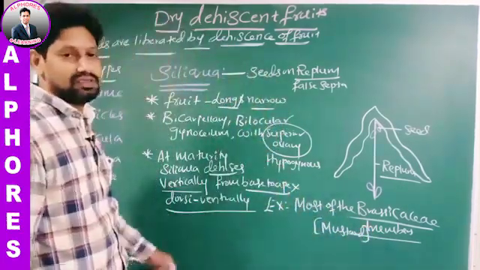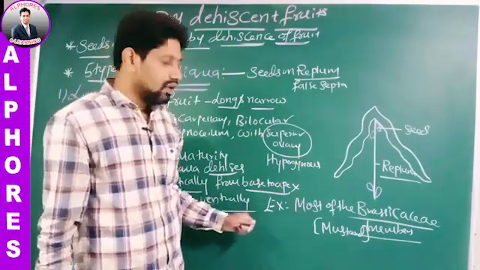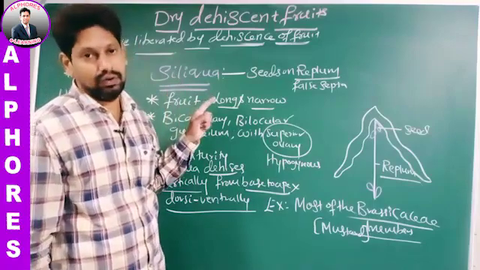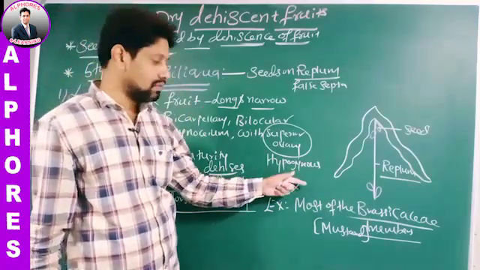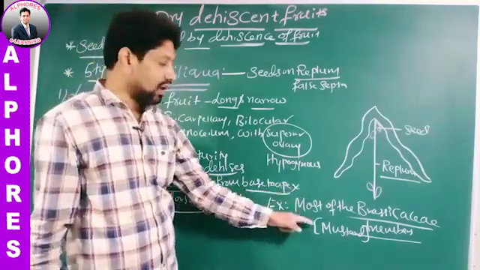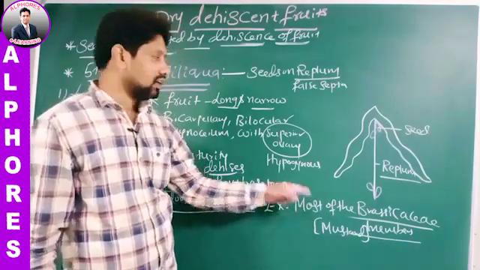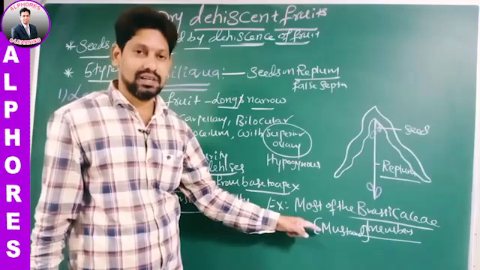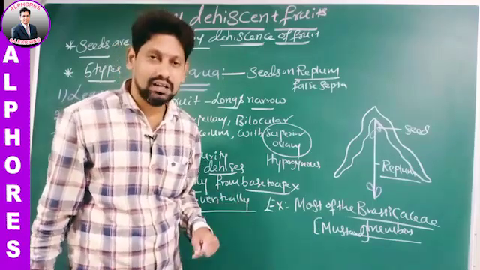Do all members of Brassicaceae show Siliqua? No. Most of the Brassicaceae members show Siliqua. One Brassicaceae member, mustard, Brassica nigra, shows Siliqua.